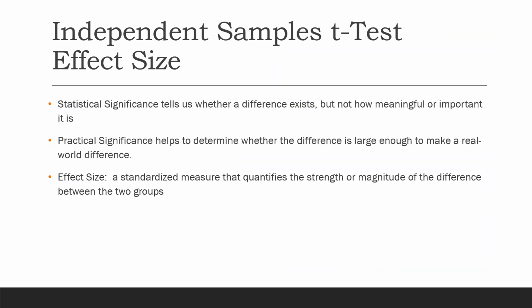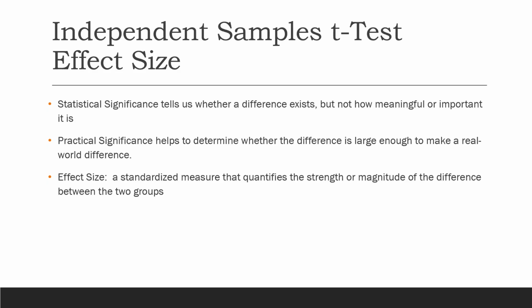This is especially important for studies where our two groups are really large, like in the 500s. We'll probably more easily see statistical significance, even when the difference between the two group means is very small. That is where our effect size measure comes into play.